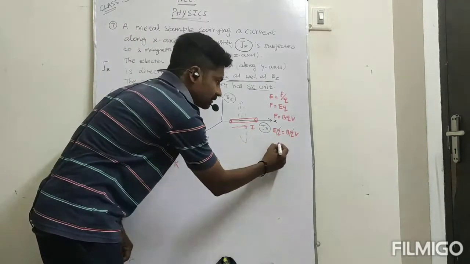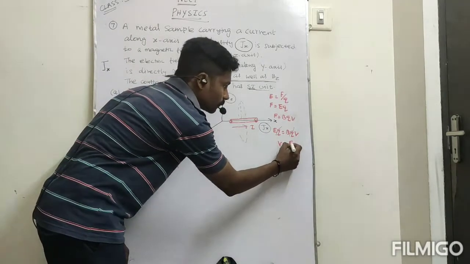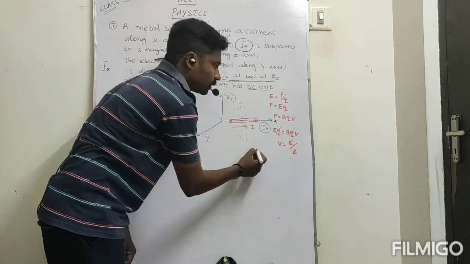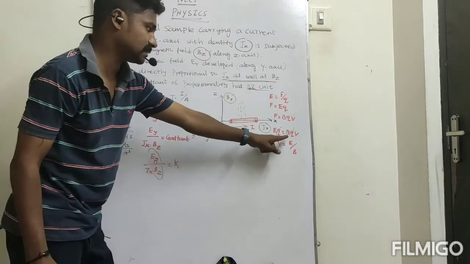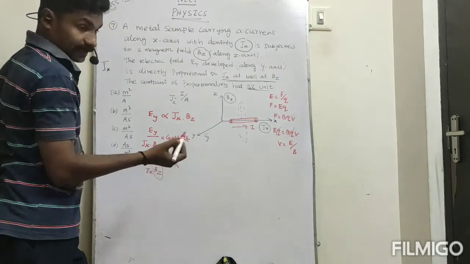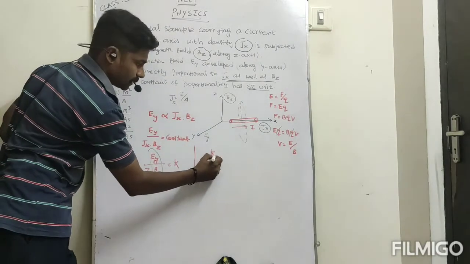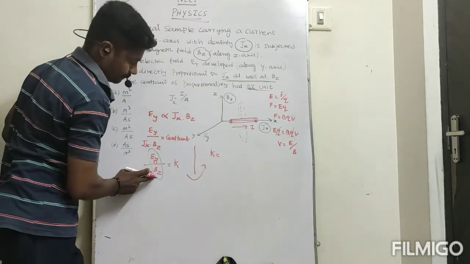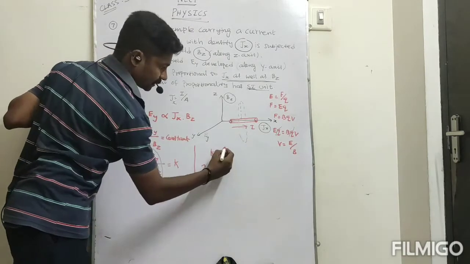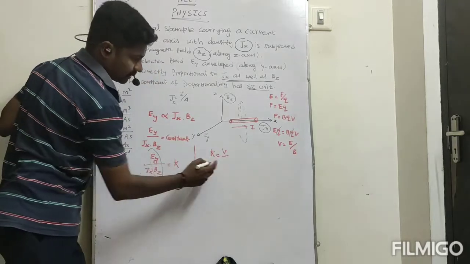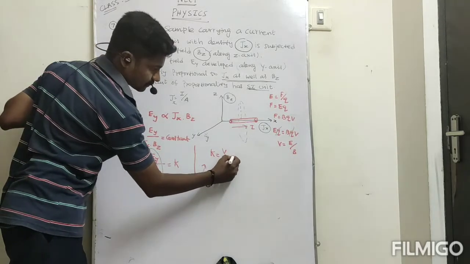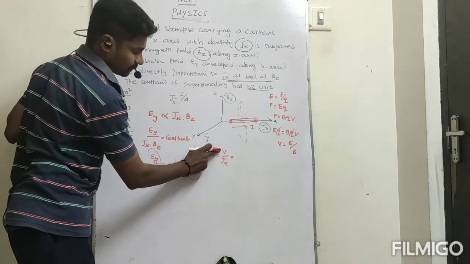V is the velocity, therefore V is equal to E by B. So the next step, K is equal to E by B, that is velocity divided by the current density Jx.